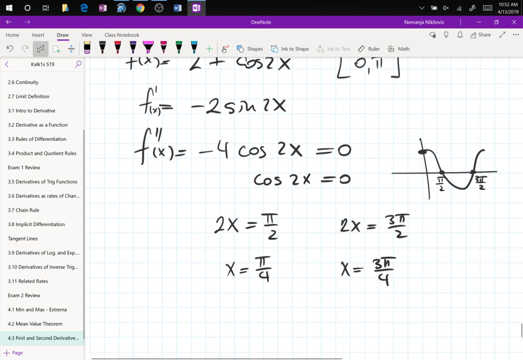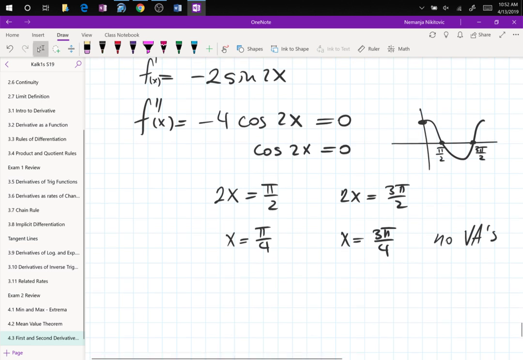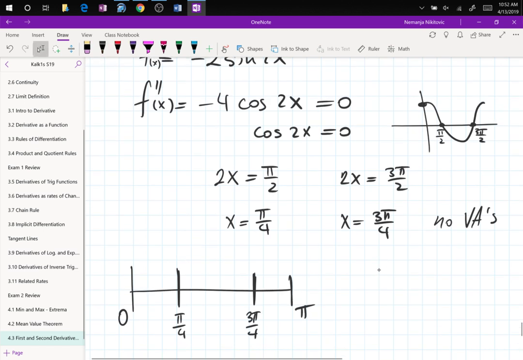No asymptotes, right? No vertical asymptotes, because it's a cosine. And we are chopping off the domain 0 to pi because the problem wants us to. Then I have a partition at pi over 4, and another partition at 3 pi over 4. So now I need to pick the test points.